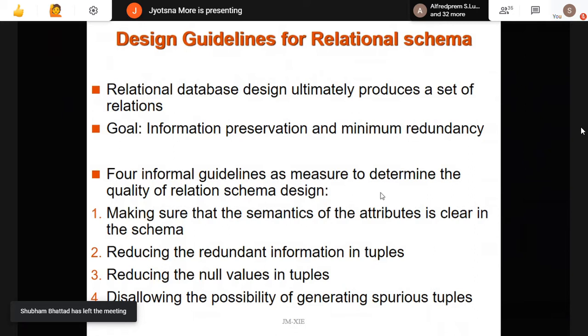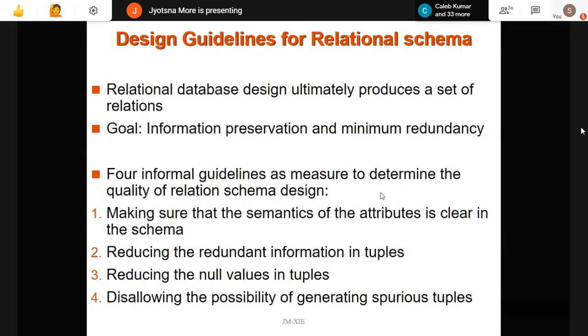Now we have already seen what a relational schema is. A relational schema is nothing but a number of relations inside, right? For the banking example we saw, we have an account relation, we have an employee relation, and whatever relations we have among them, all those together are known as a relational schema. So when we are creating a relational database design, that is nothing but collectively all relations, right?